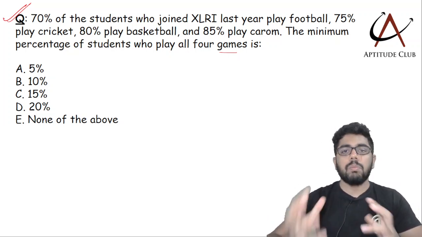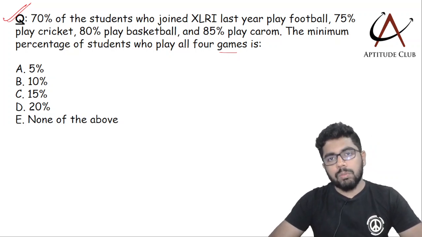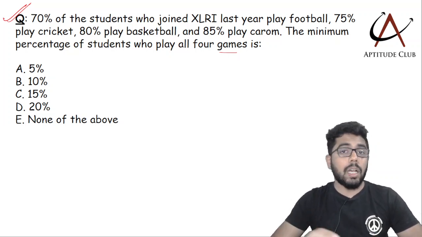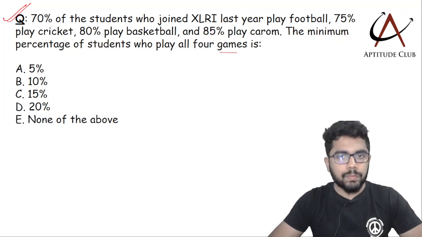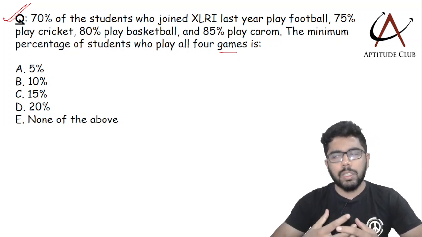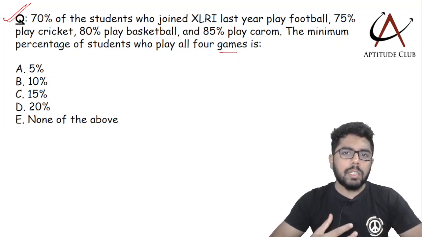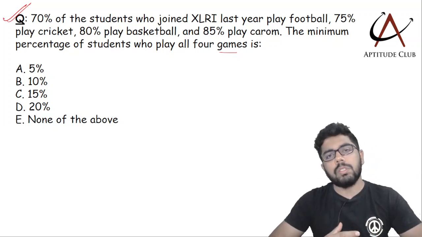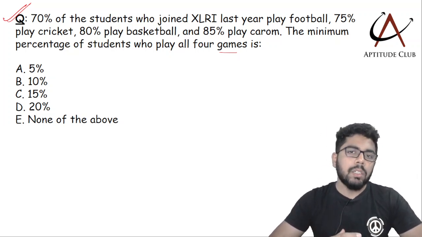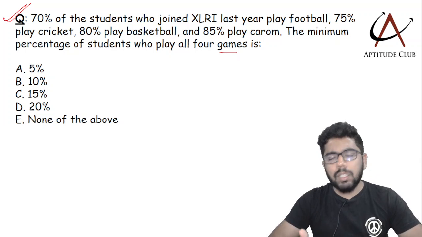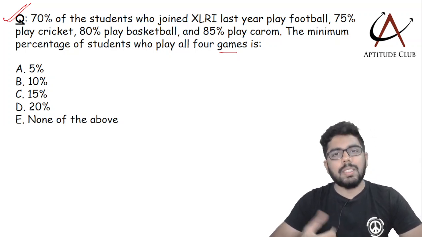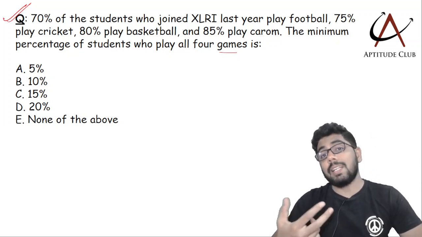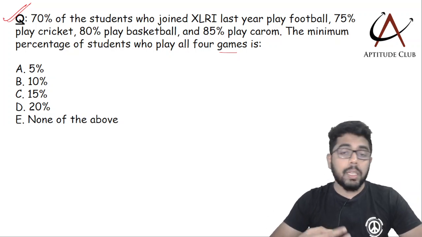It's talking about individual sports, so we don't have sufficient data to exactly say how many people play all the four sports. Now, think of it in a very standard way. If I'm looking at the total population at XLRI, there would be people who are playing exactly one sport, people playing exactly two sports, people playing exactly three sports, and people playing exactly four sports.